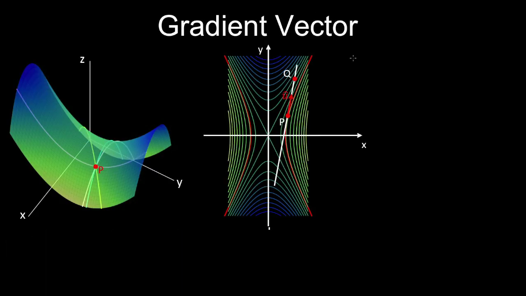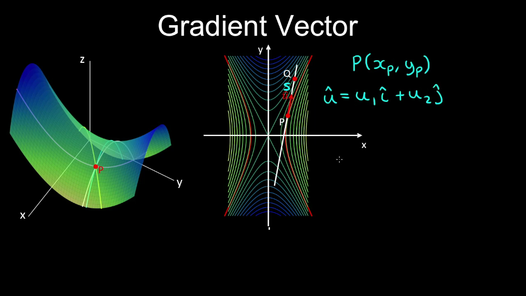Given the line that passes through point P with coordinates xp and yp, and we parameterize this line using the arc length parameter s, and the line points in the direction of the unit vector with components u1 in the x direction and u2 in the y direction.